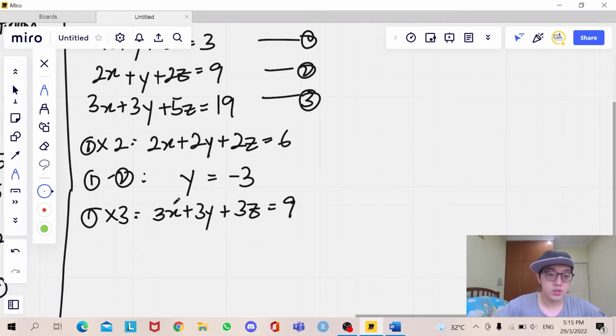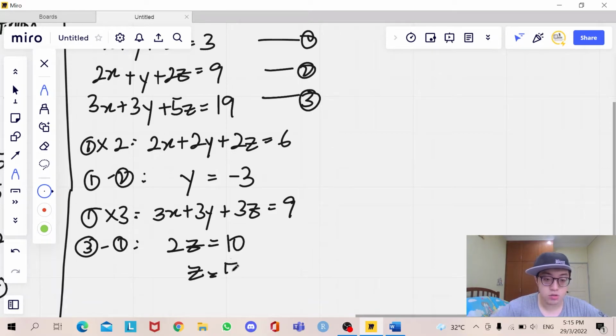If we compare 3 and 3, we will just need to minus both of them. So 3 minus 1, you will get 5z minus 3z, you will get 2z is equals to 10. Then you can solve that z is equals to 5.